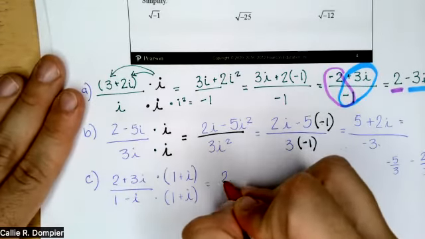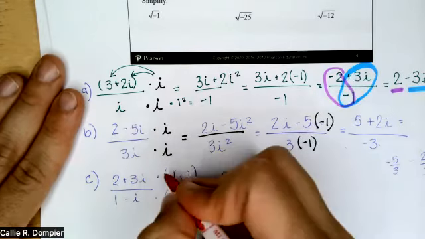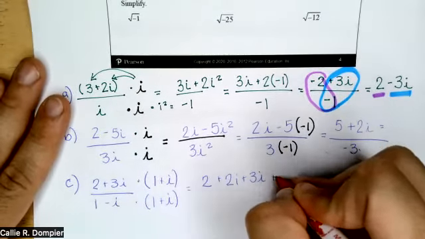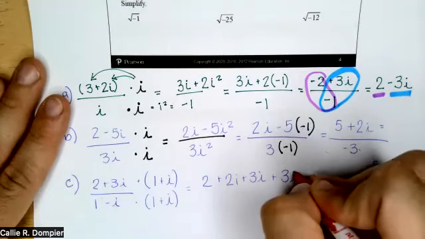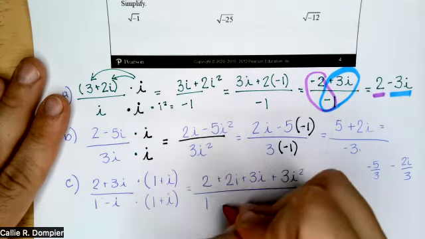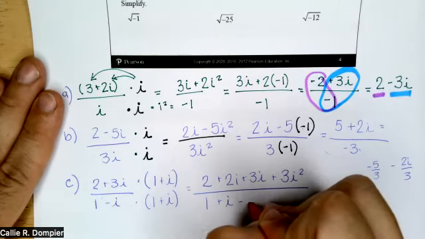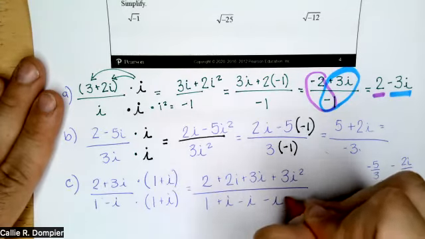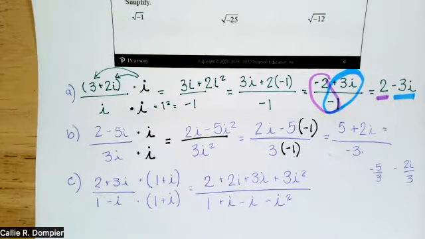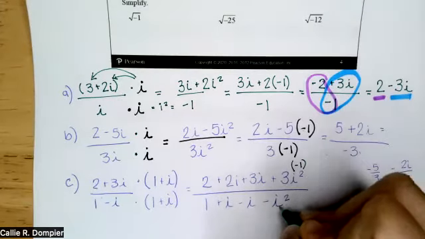2 times 1 is 2. 2 times i is 2i. 3i times 1 is 3i. 3i times i is 3i squared, over 1 times 1 is 1. These will cancel on the bottom, but we'll have i minus i minus i squared. Now the i squared terms become -1.